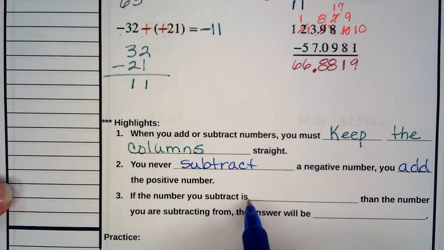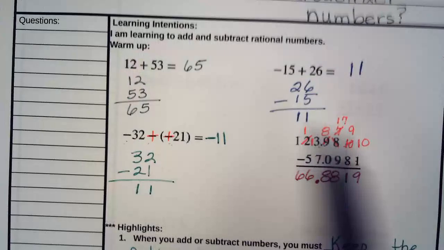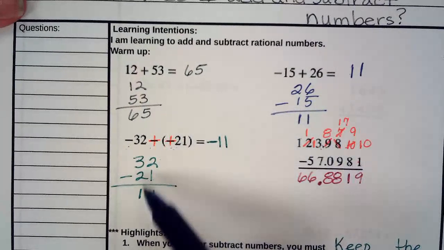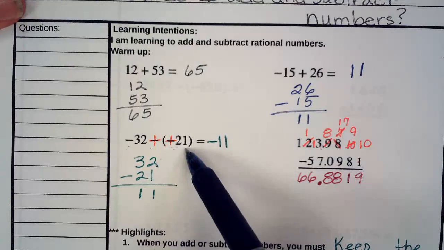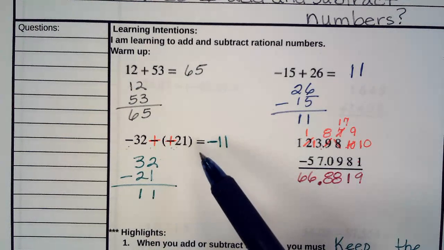What happens if we've got a larger number and we're subtracting a smaller number? Then we'll have a positive answer.